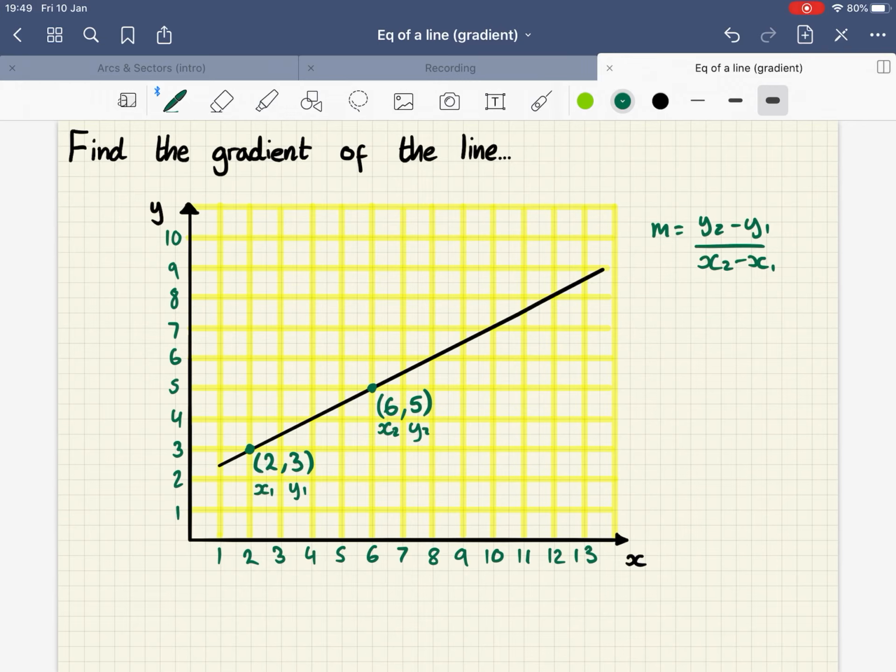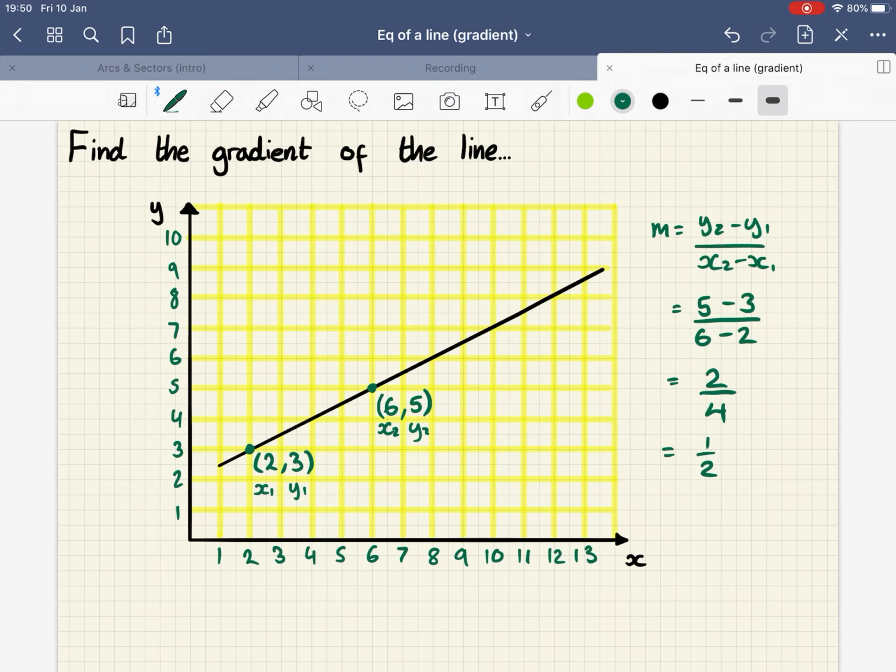Just make sure if you do have double negatives, you turn them into positives, that's all. So then I'm going to have 5 minus 3 all over 6 minus 2. So that will be 2 over 4, which is just going to be a half. And that's it for my equation line.